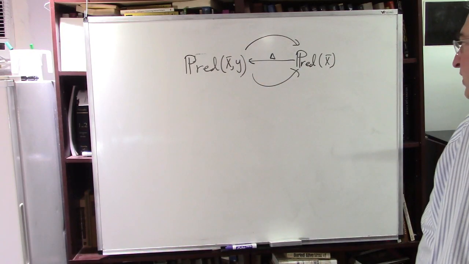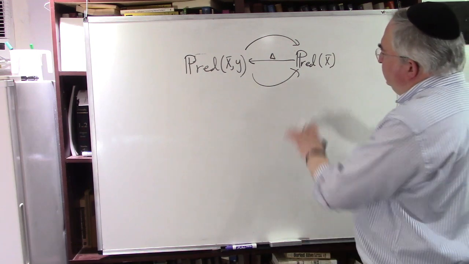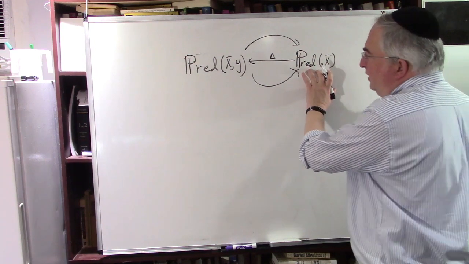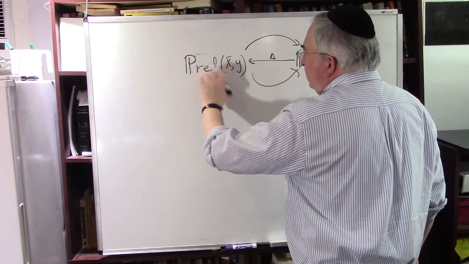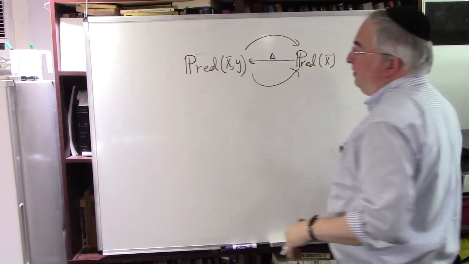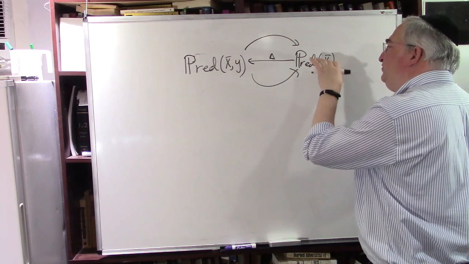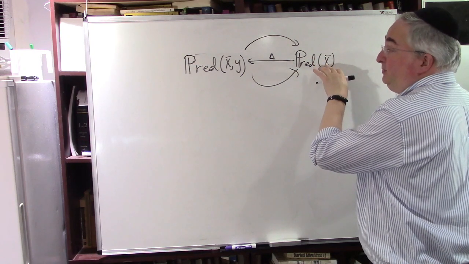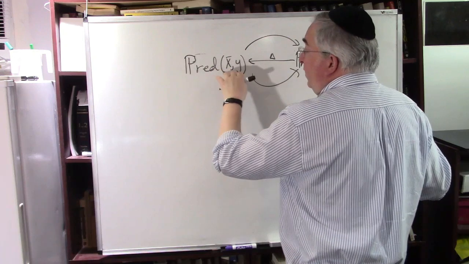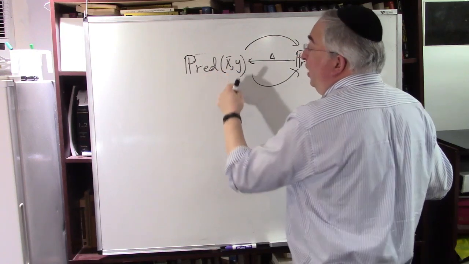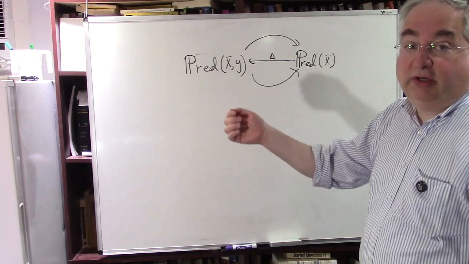Okay, so here's the idea. Take a formula that's here and look. A predicate in here has variables that are in x bar. Well, it also has variables that are in x bar or y. So it's like including it. Okay?